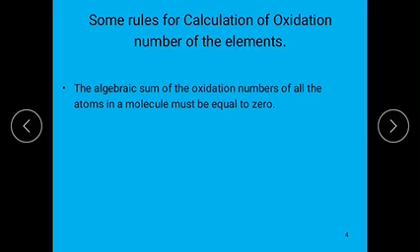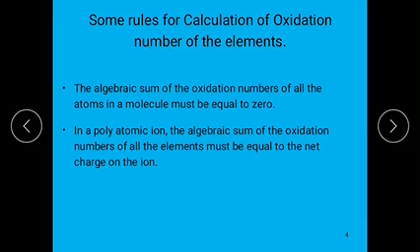Example, H2SO4. In that, hydrogen, sulfur and oxygen atoms are there. Each element has some oxidation number, and their sum is equal to 0.